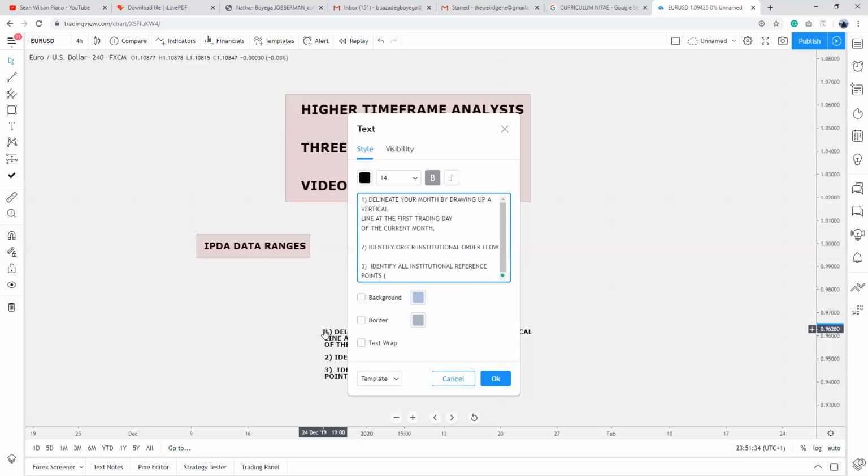I'm going to put a bracket, for example, old highs, old lows, fair value gaps, liquidity voids, order blocks, etc. Okay, that is your step 3, right?